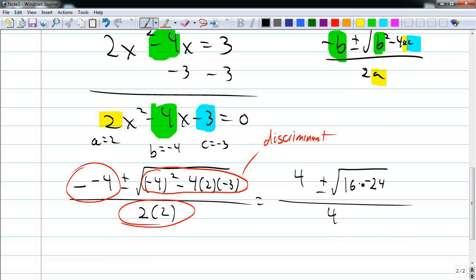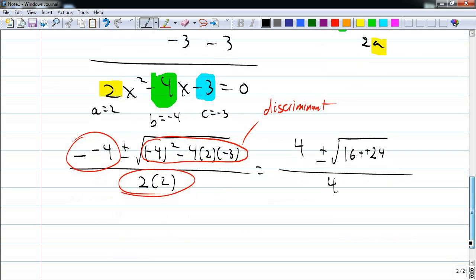Minus a negative is like adding a positive. So I'm going to have 4 plus or minus the square root of 40 all over 4.